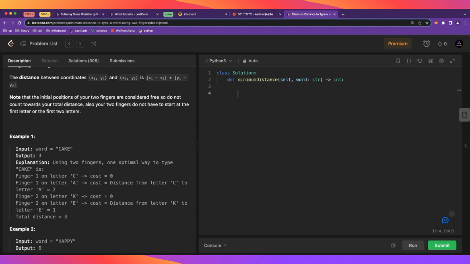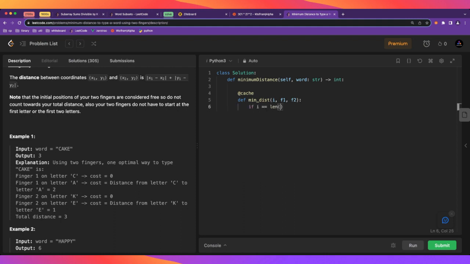So again, we're going to translate the equation into a recursive function, and we're going to use memoization to avoid recomputing overlapping subproblems. So let's call this mindist, with finger 1 and finger 2.